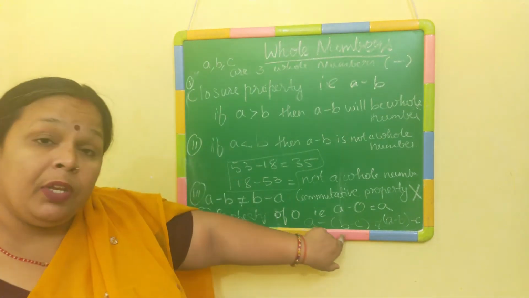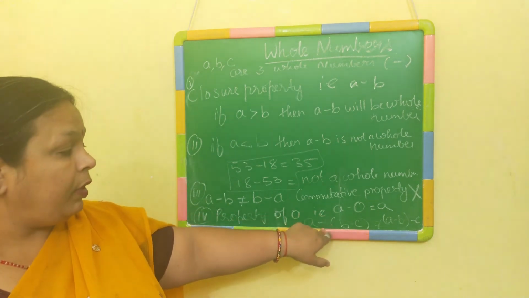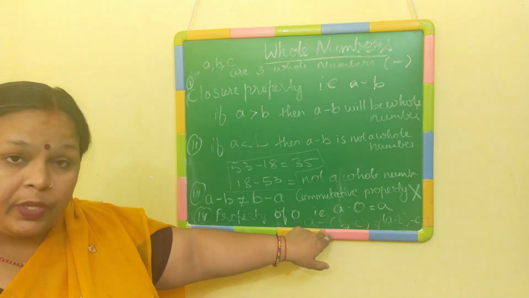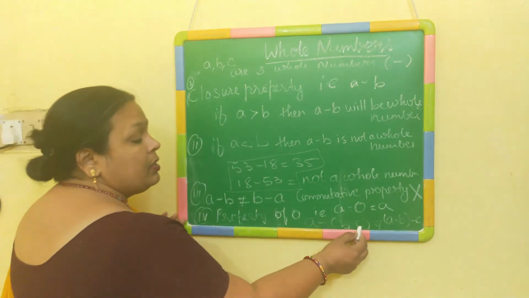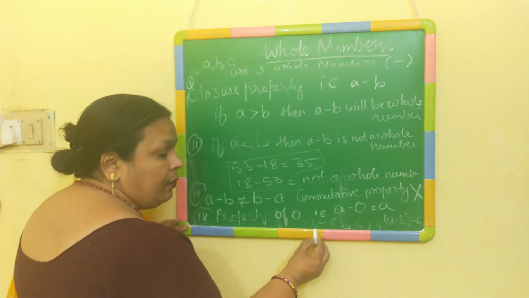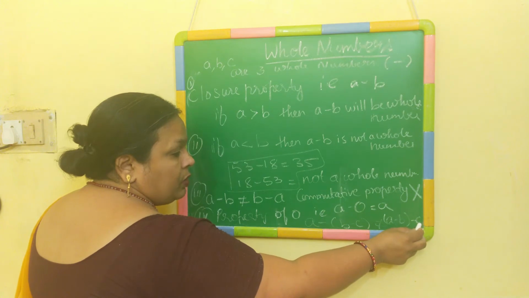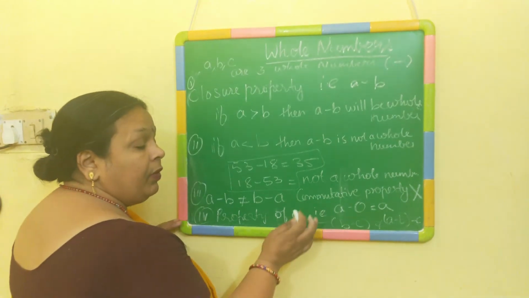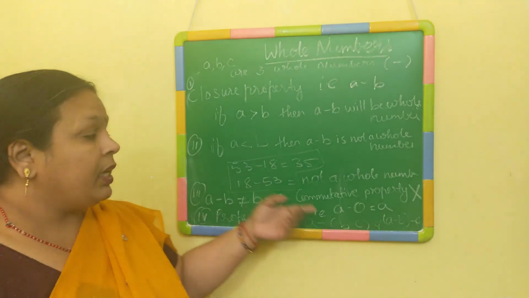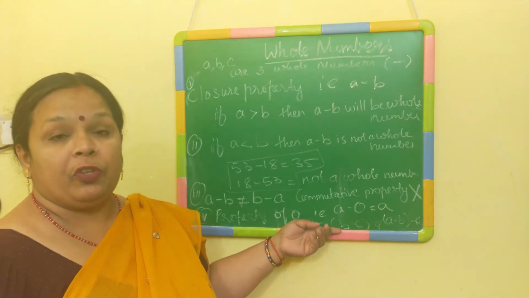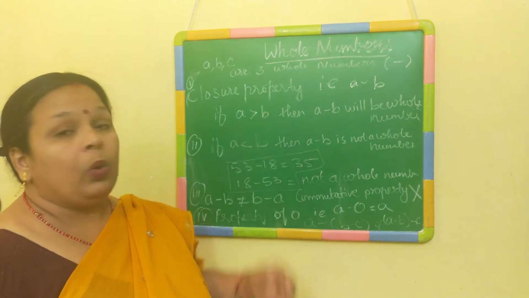Here, a minus (b minus c) means the value of b minus c is to be subtracted from a, and in (a minus b) minus c, c is subtracted from a minus b, and we will not be getting the same value. So, we can say that associative property of subtraction is also not holding true for whole numbers.